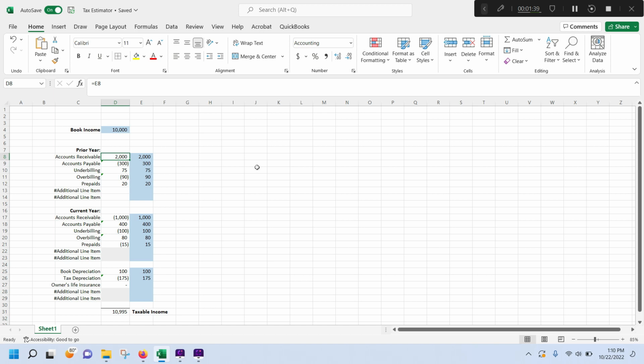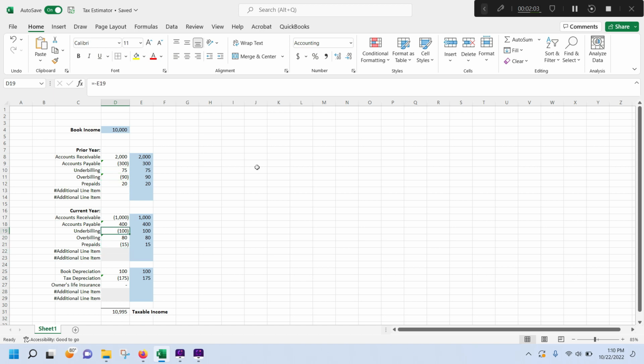Cash basis, you recognize that income, so it's an addition. And the same with accounts payable. You paid those open invoices, which resulted in a reduction of cash and should have resulted in a reduction in income, which you see here. And the same concept works for under and over billings.